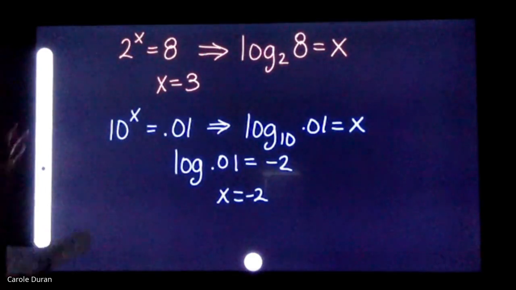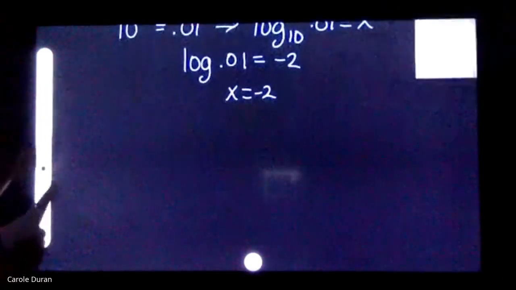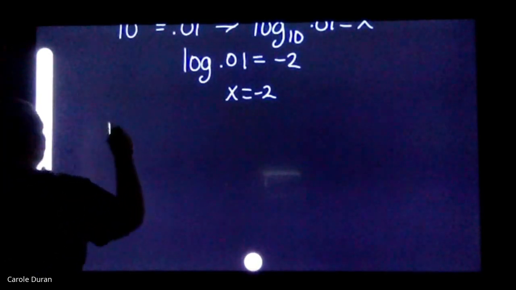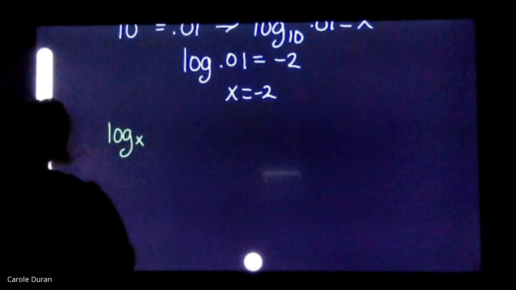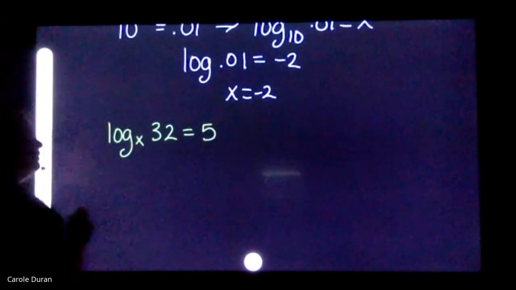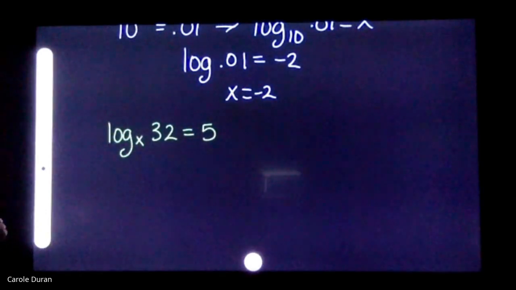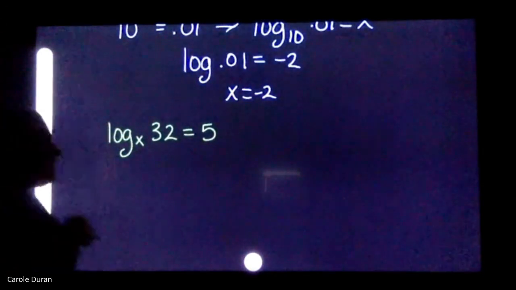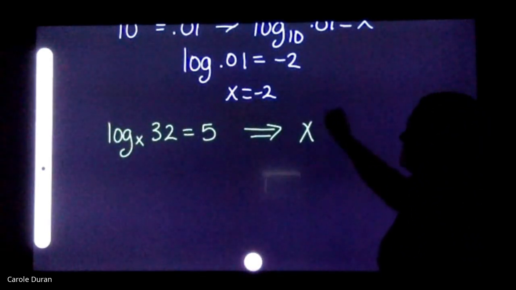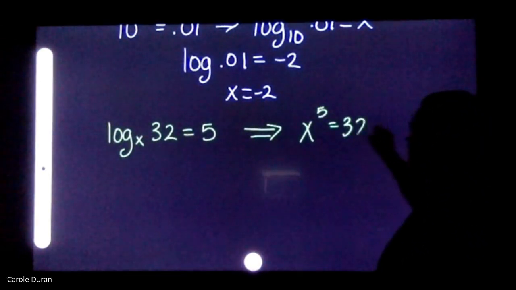Let's go ahead and do another one. On this one, I have log base x of 32 equals 5. If I rewrite this as an exponent, I get x to the 5th power equals 32.